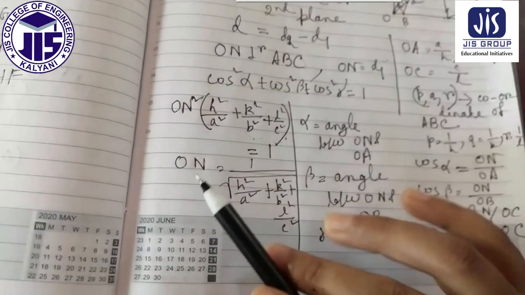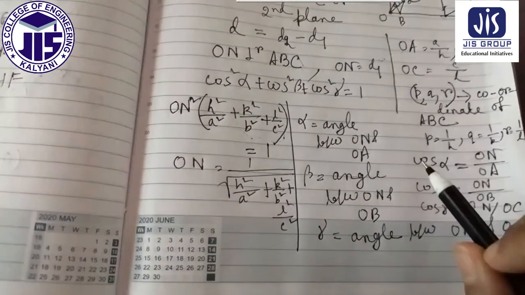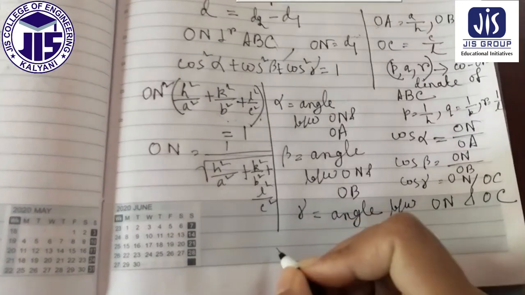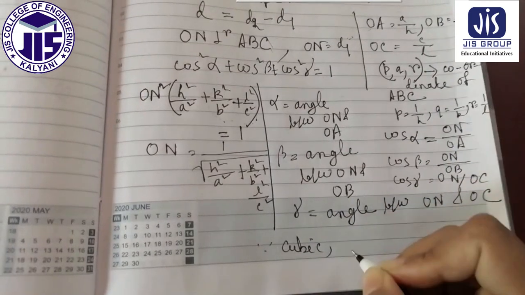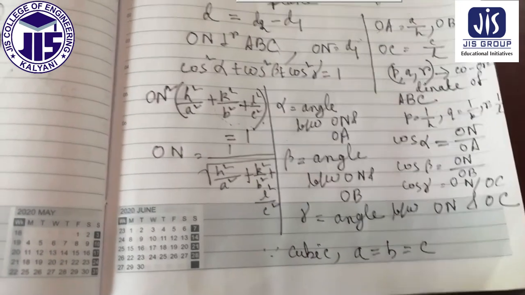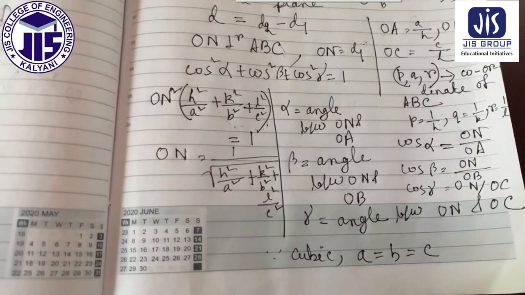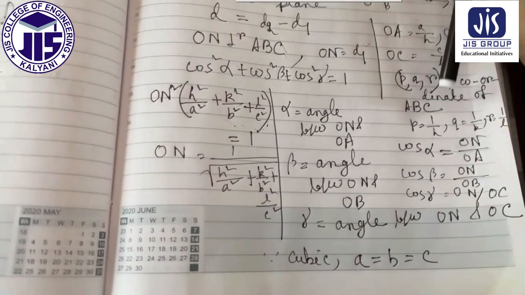Now if we consider all the sides are the same, since it is cubic, we can write a equal to b equal to c. This is the consideration for the cubic units.